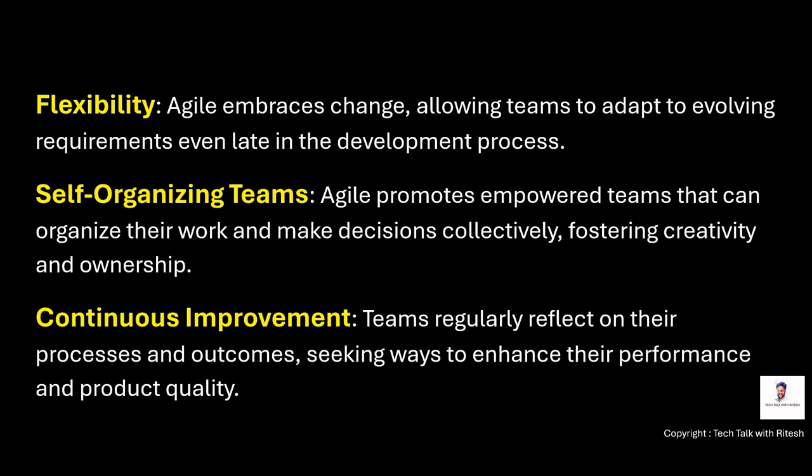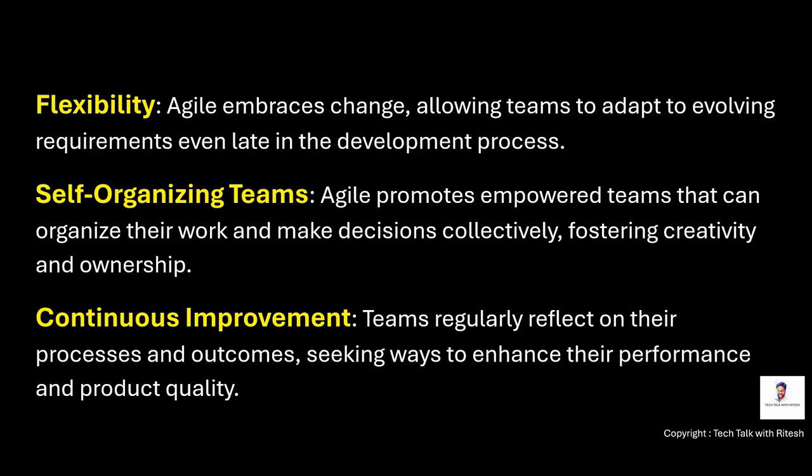So flexible in nature. Self-organizing teams. Agile promotes empowered teams that can organize their work and make decisions collectively, fostering creativity and ownership, right? So small teams in agile. Each team will have, for example, one backend developer, a front-end developer, a BA, right? They collectively get the work.